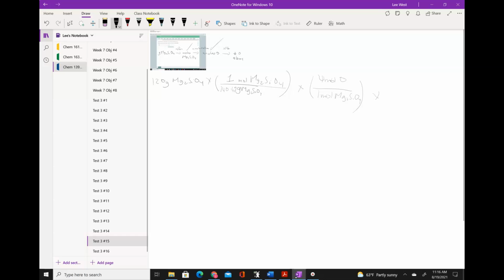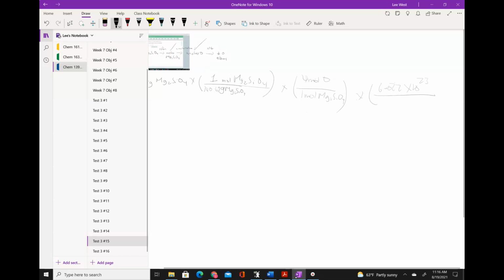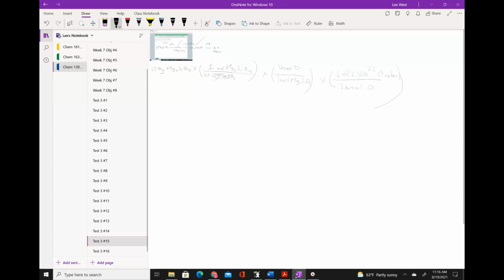And then finally, Avogadro's number, 6.022 by 10 to the 23 oxygen atoms for every 1 mole of oxygen. So let's see what we've got here. Grams of Phosterite cancels, moles of Phosterite cancels, moles of oxygen cancel.